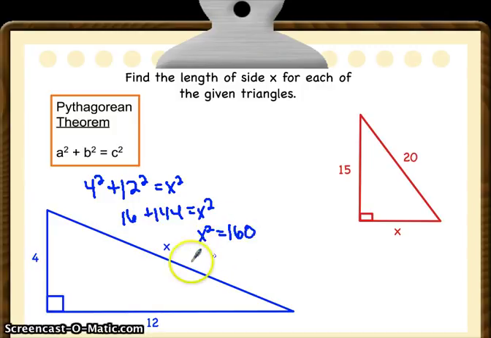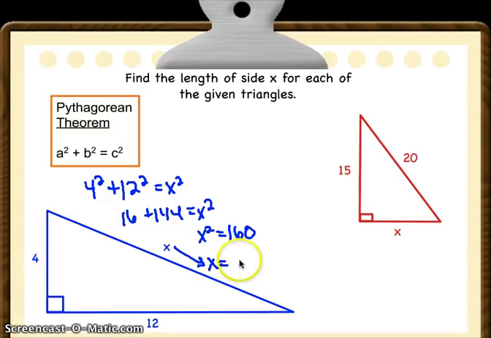And the square root of 160 will be equal to x. So x will be equal to 12.649 according to our calculator.